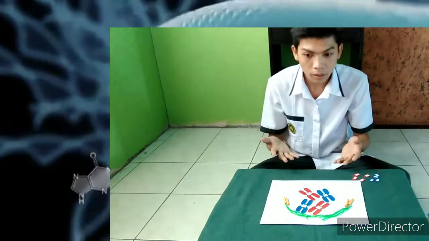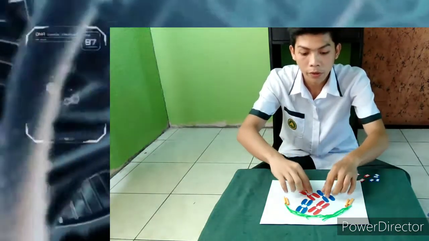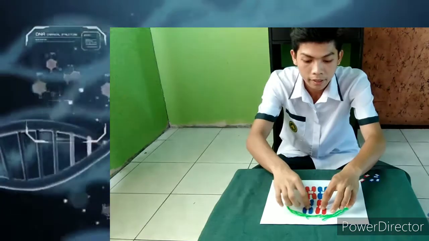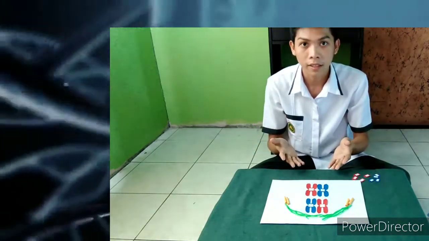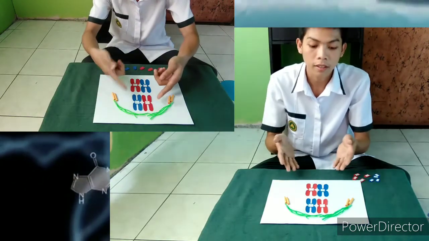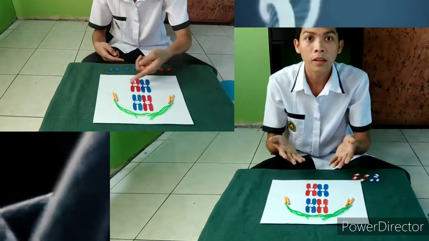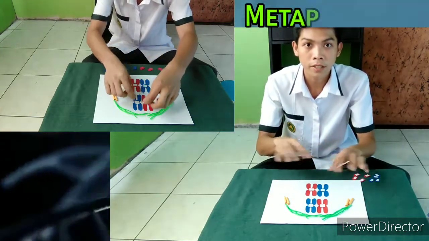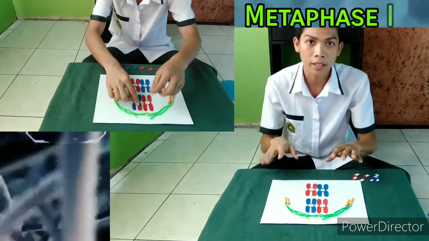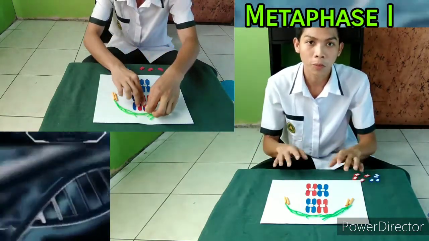Like in prophase 1, chromosomes are visible as tetrads, they are forming tetrads, and in this process, they are now ready to perform the crossing over of their genetic material, the DNA recombination of chromosomes.